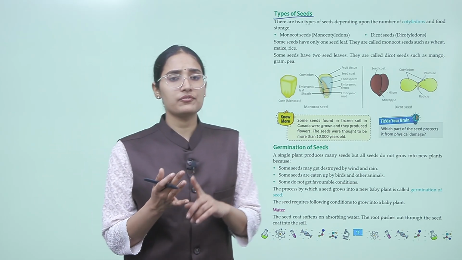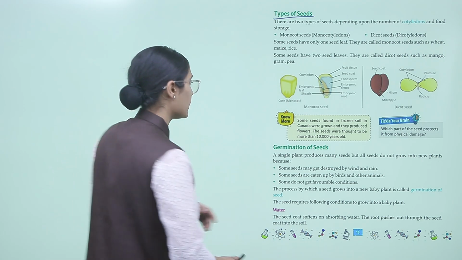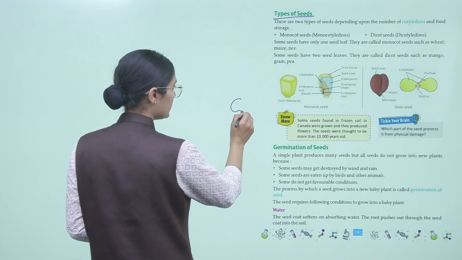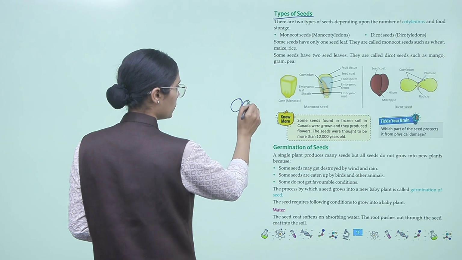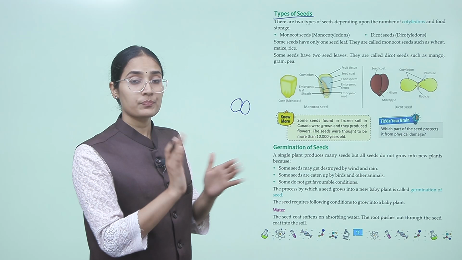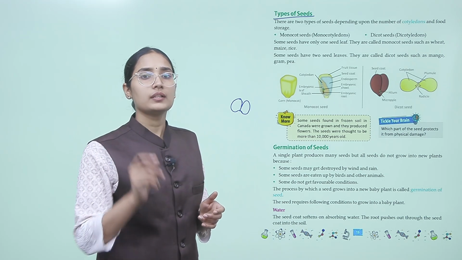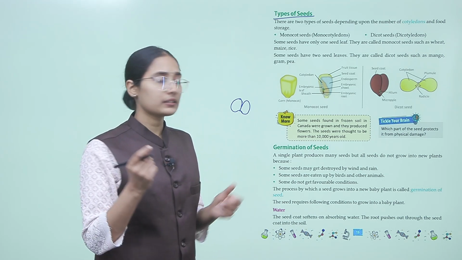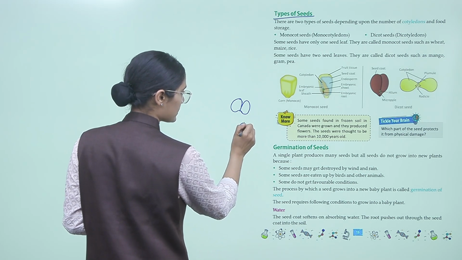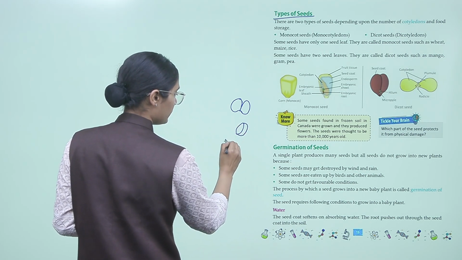So have you ever seen a chana seed, right? It can open into two, right? It can be divided. But have you ever seen the bajra or the wheat seed, right? It looks like this, the wheat seed.